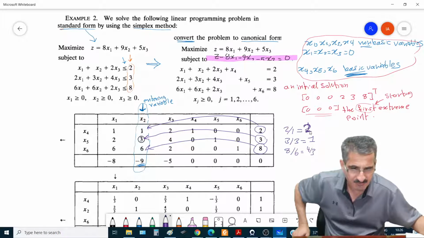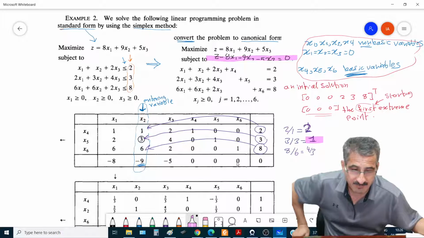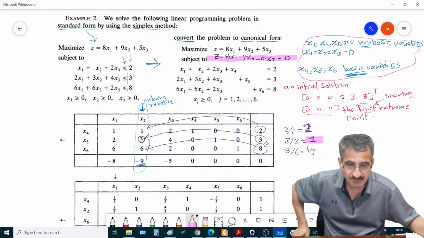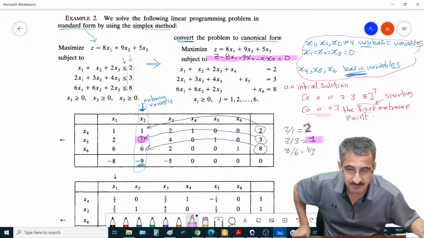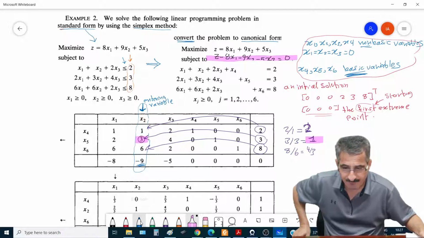Now I got here 2, 1, 4 over 3. I will take the smallest one. So the smallest came to be here. So I will choose the second row.